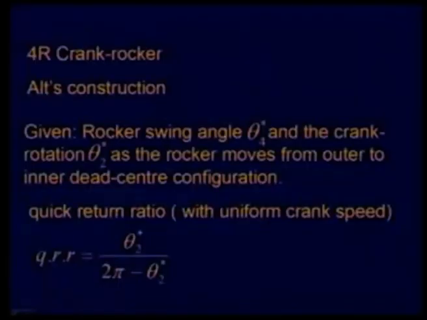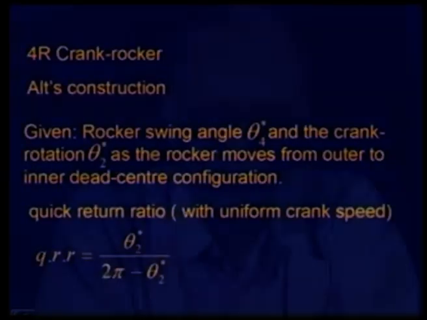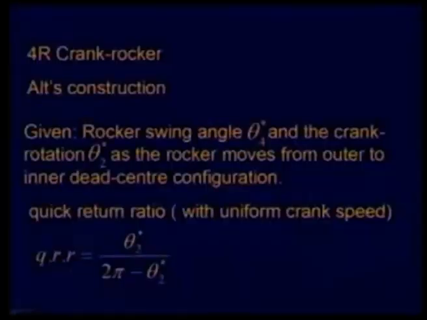We shall follow the method known as Earle's construction. Unfortunately, the theory behind this Earle's construction cannot be explained in this course, but we shall still discuss the method because it is a very useful technique for designing a useful mechanism, that is a 4R crank rocker with rocker swing angle theta 4 star prescribed and the crank rotation theta 2 star also prescribed as the rocker moves from outer to inner dead center configuration.